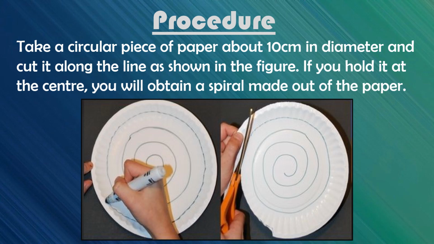Take a circular piece of paper about 10 cm in diameter and cut it along the lines as shown in the figure. If you hold it at the center, you will obtain a spiral made out of paper.